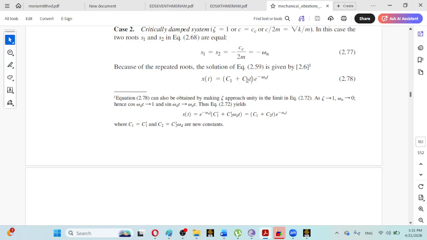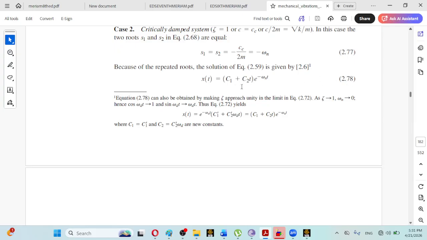We could also divide it, but instead of dividing, we usually multiply it. And for example, if there were a third term, c3 e minus omega t, we could multiply it by t square. Similarly, if we had four roots, the fourth solution would be multiplied with t cube. So that doesn't affect the original solution. So this solution has been obtained.